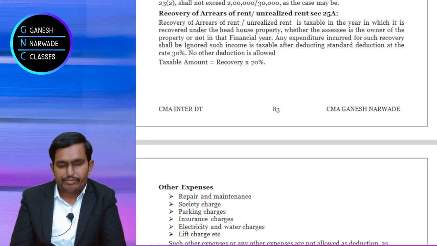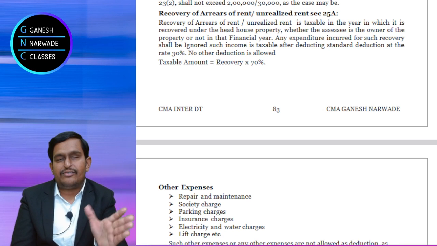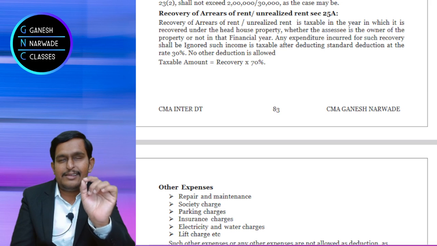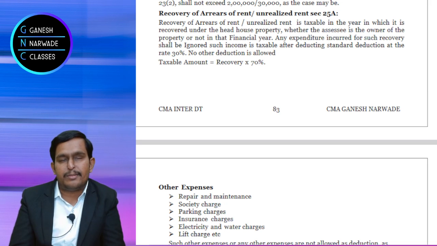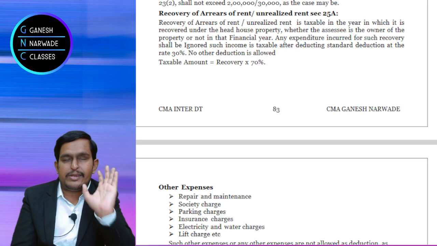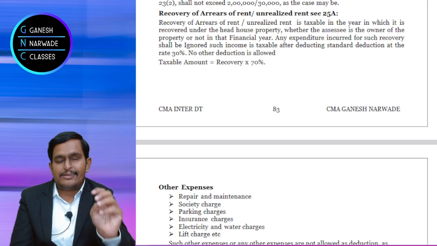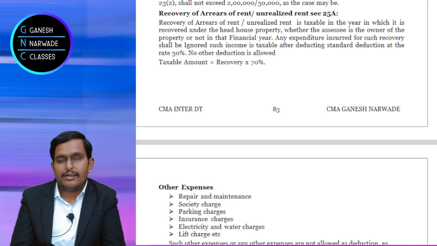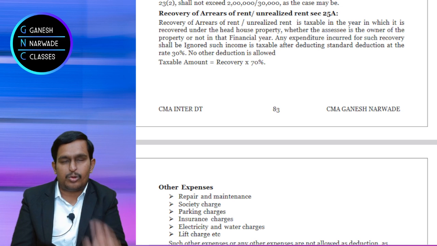Suppose, one simple rule I will tell you: if the assessee is a business entity and anywhere it is connected to the business and the business is continuing, tax it under the PGBP chapter. If the assessee is not a businessman, then simply tax it under income from other sources.